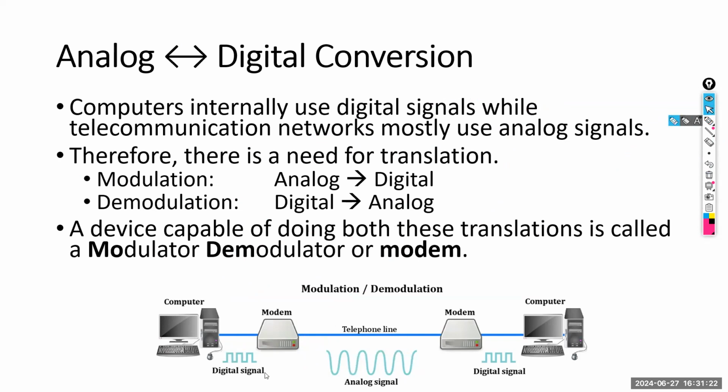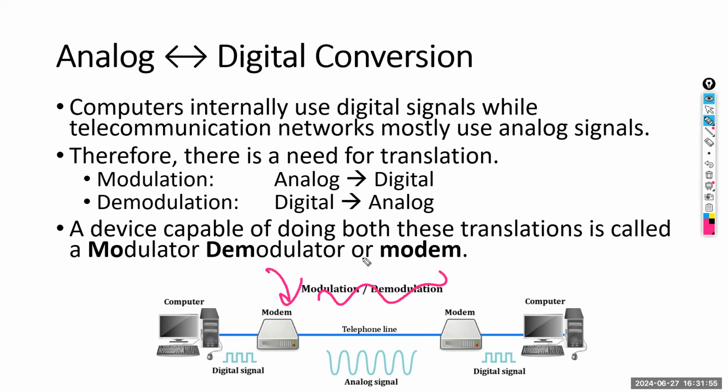So these days you don't hear this word modem much. For example, when I got my internet connection in the latter part of the 1990s, or maybe early part of 2000, I had to buy a modem for dial-up connection with the SLT, because the SLT signal is analog, my computer is digital.